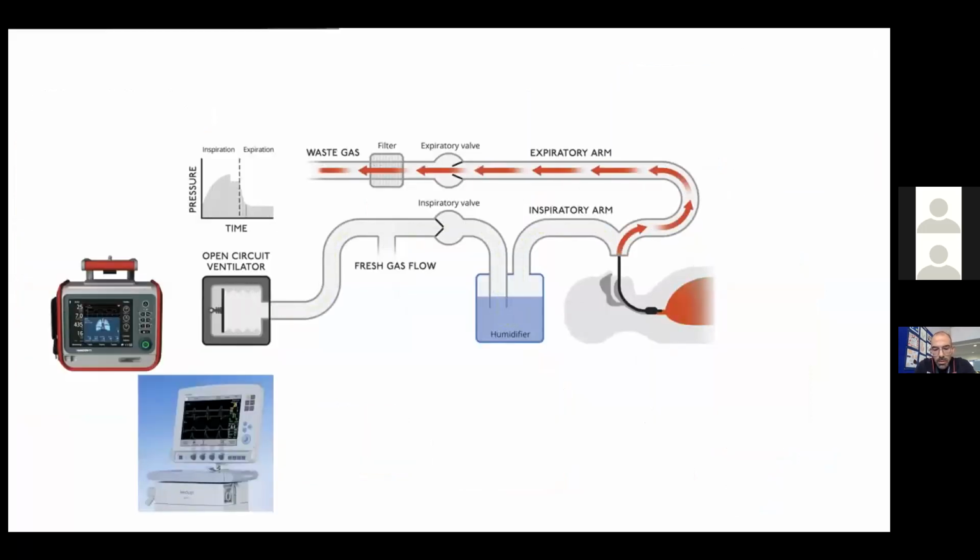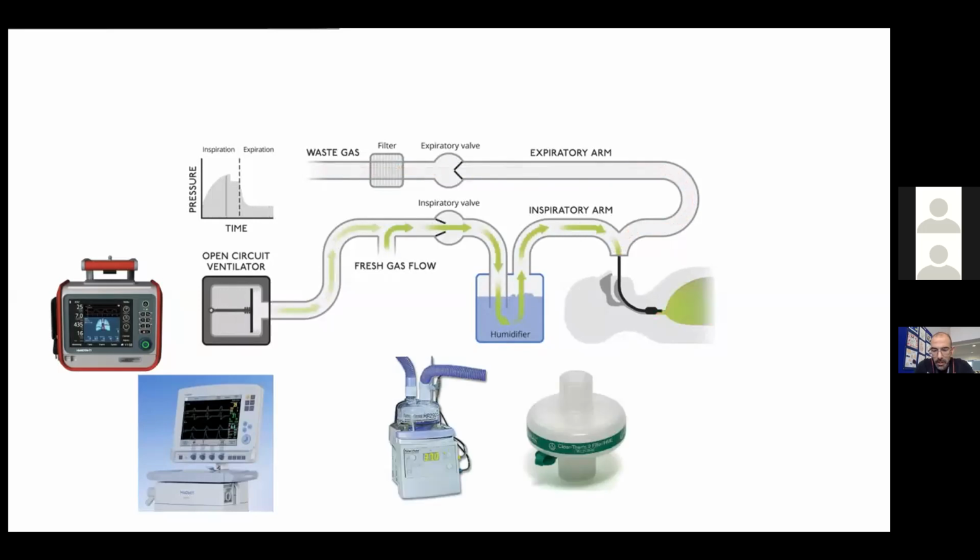So all the ventilators pretty much have this sort of diagram of the structure. You have the device, a ventilator, that applies flow and pressure depending on the mode. Then you have a humidifier to make sure that the air and oxygen you are providing is moist. Then you provide this flow and pressure through a nasotracheal tube or orotracheal tube, or through face masks if we are talking about non-invasive ventilation.